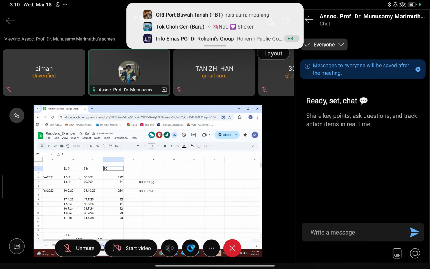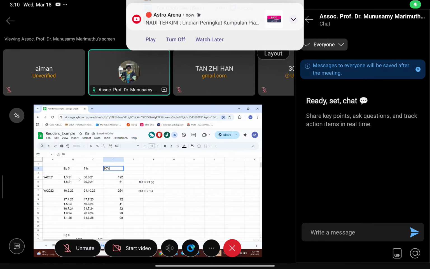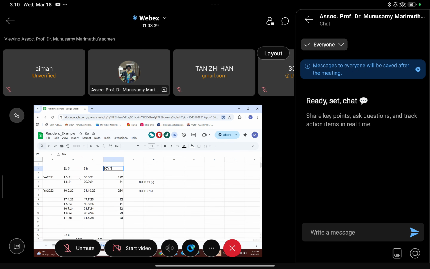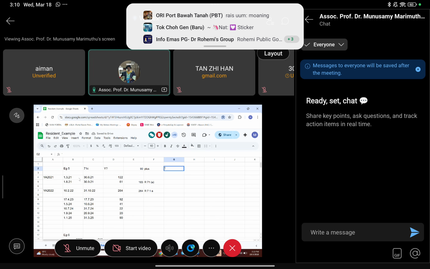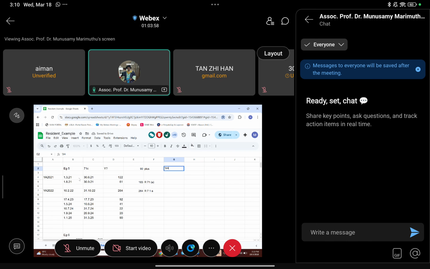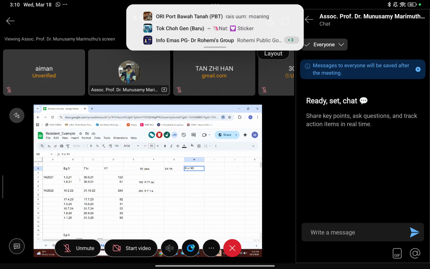First, make sure of the year of question, the year of dispute. First of all, it must have 90 days plus, and 3 out of 4 years of assessment, either a resident or 90 days.